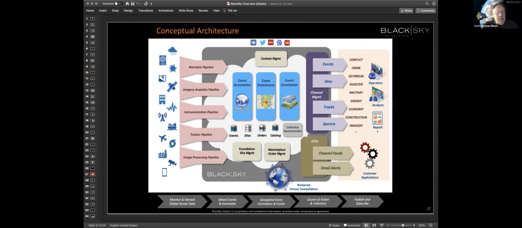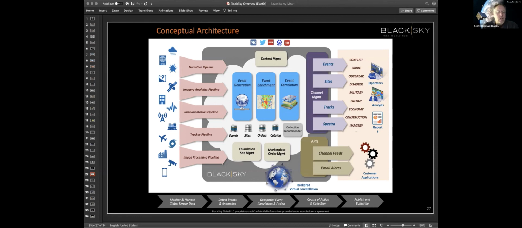So there's a lot of natural language processing in there to extract entities and actors and locations and organizations out of the text and try to nail down things like time and place where those activities happened. We have an imagery analytics pipeline that's very much about processing raster data and then using computer vision techniques to extract objects, to count objects, to look for change within the images.